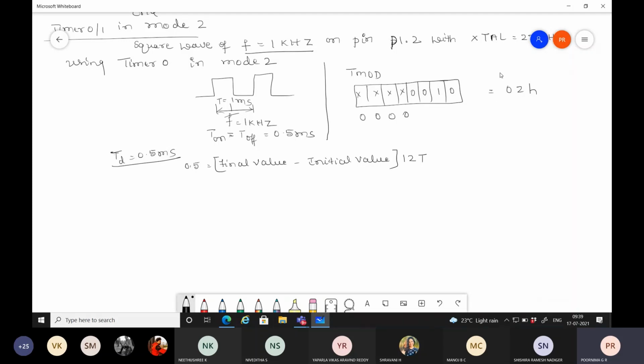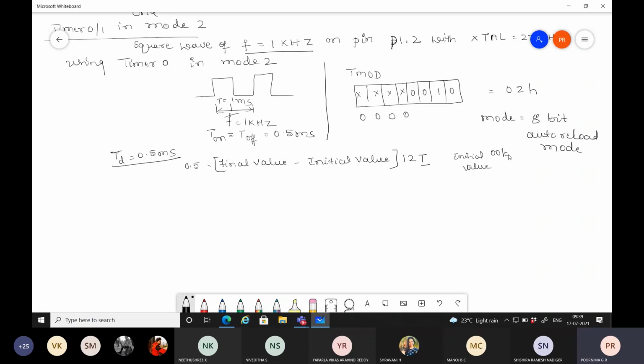So in mode 2, as we know, it is an 8-bit auto reload mode. So hence what we have to do, in the final value in an 8-bit auto reload mode, the initial value, if it is not defined to a well-defined required delay, initial value will be equal to 00.